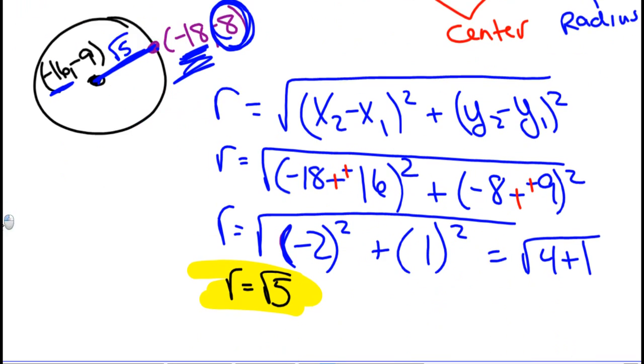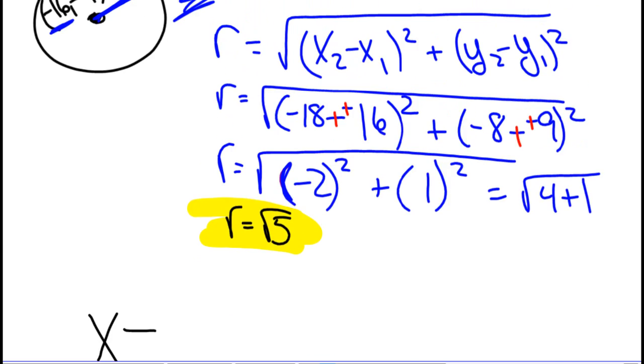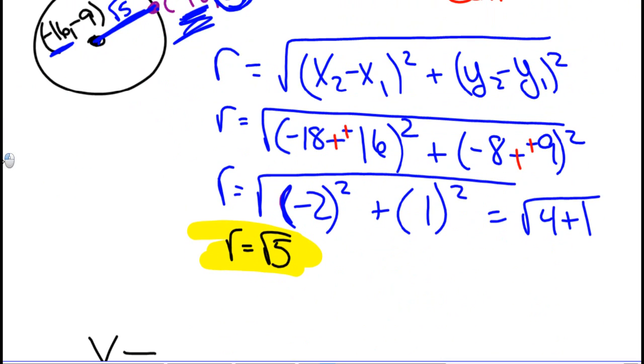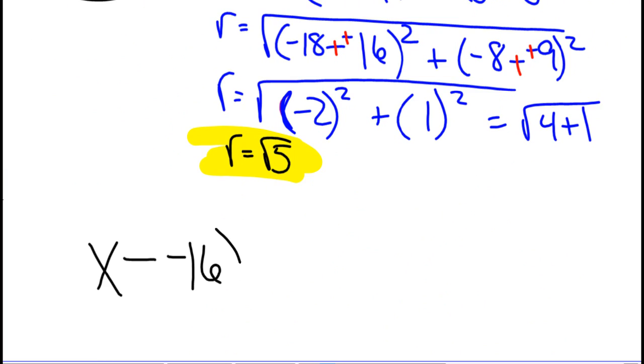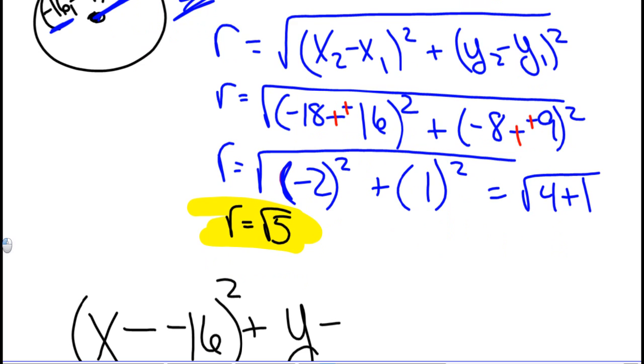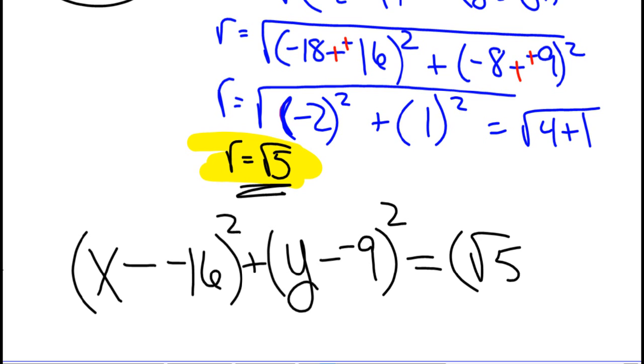So I'm going to write x minus my x value, negative 16, squared, plus y minus a negative 9 quantity squared, equals the radius, the square root of 5 squared.